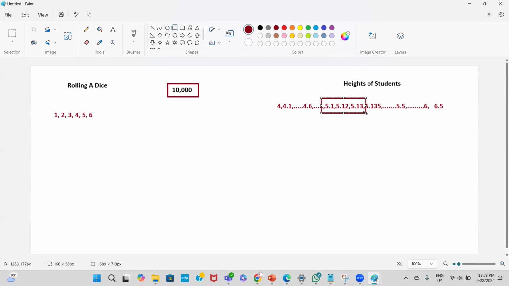What we can calculate is the probability of students within 5.1 and 5.3, and how to calculate that we will understand shortly.